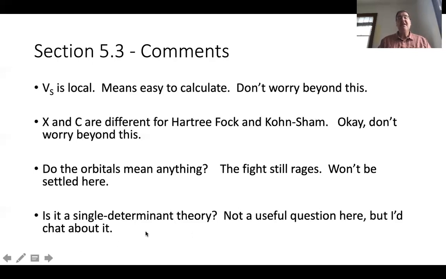Okay, so is it a single determinant theory? That's not terribly useful for us here, but I'd be happy to chat about it. I guess the answer is the Kohn-Sham certainly relies on a single determinant, but there are places where we really can't represent the density as a single determinant.